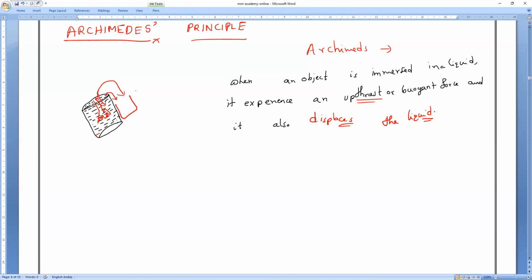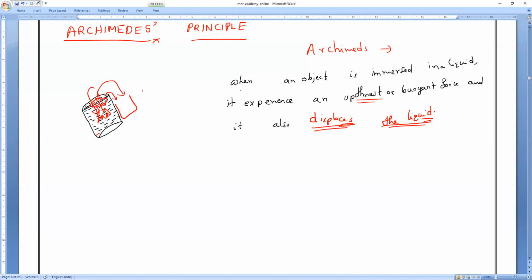That is Archimedes principle, we'll discuss it. So when an object is immersed partially or completely, some amount of liquid will be displaced from that position. That is the meaning of displacing the liquid: liquid will move from that point. Some amount of liquid. How much is it?